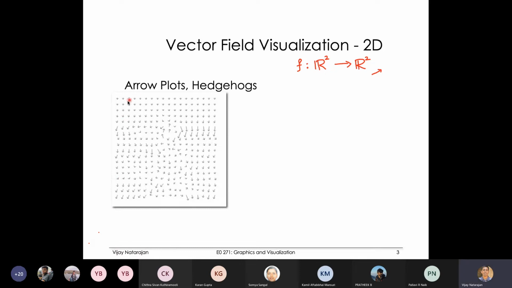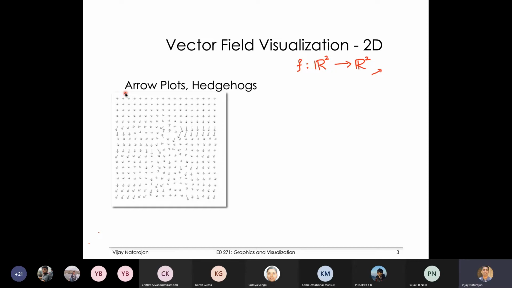What you see here is essentially a collection of vectors displayed as glyphs. So in this case, the glyph is an arrow, which indicates both the direction and the magnitude of these vectors. This is probably the most simple and obvious form of visualization. Sometimes these are also called hedgehogs when you don't show the arrows.